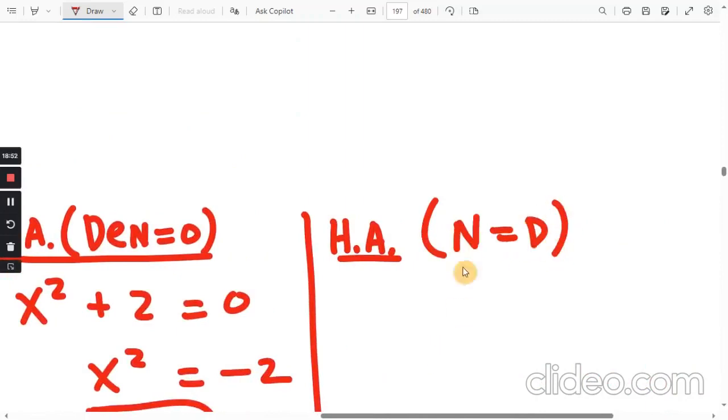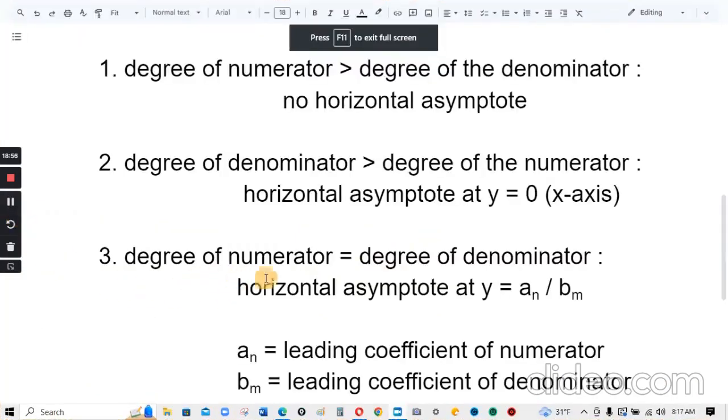Let's take a look at the notes. All right, in the case when they are equal, the horizontal asymptote is a sub n over b sub m. So you take the leading coefficient of the numerator and put it over the leading coefficient of the denominator. So let's take a look at that.